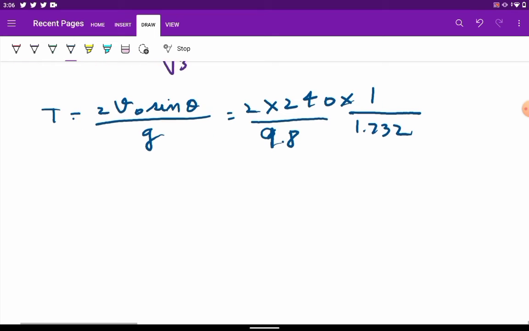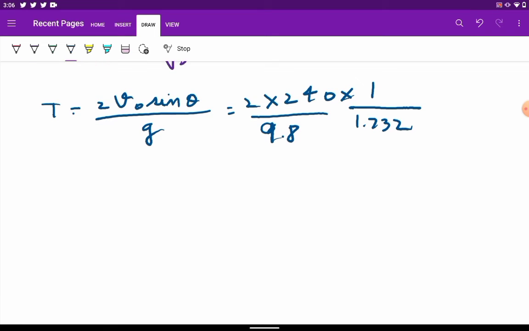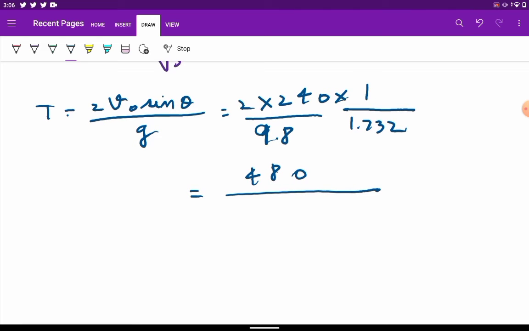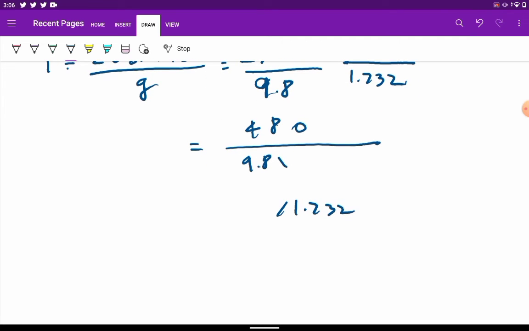It just helps you in the competitive exams. So yeah, okay, so this becomes 480 divided by, let's see, 9.8 into 1.732. This is going to be difficult.